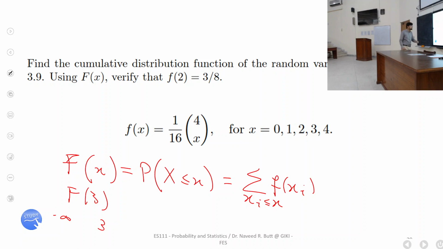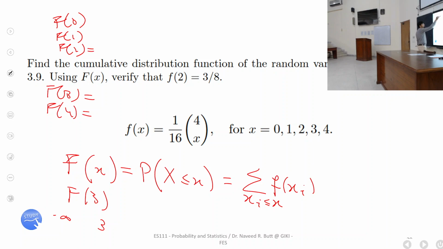Yeah. So in this case, now again just like we did in the last case, since this is an easy case, all you need to do is find F0, F1, F2, F3 and F4. Once you have found those, you have answered this question.